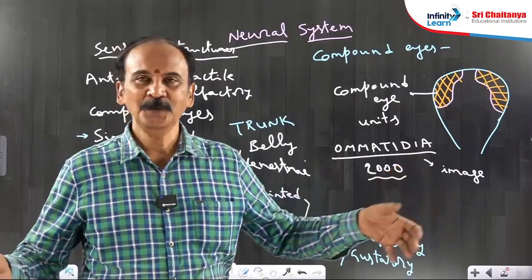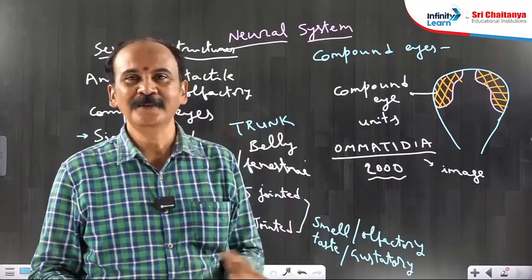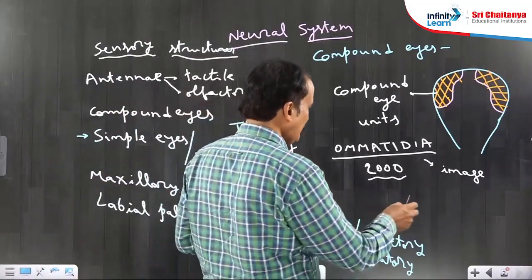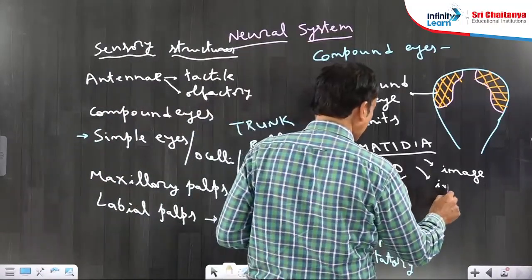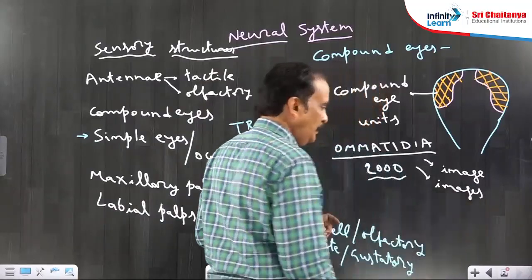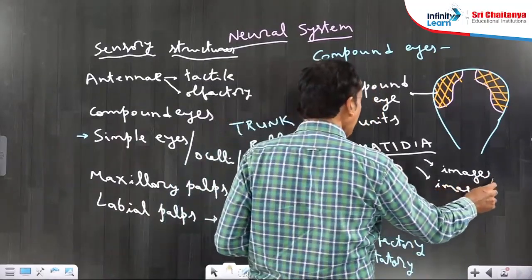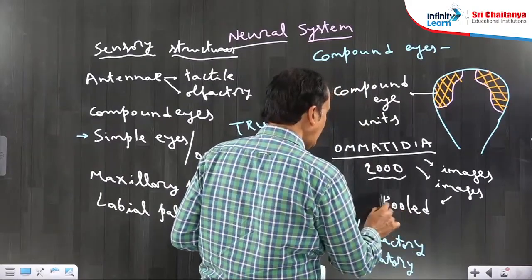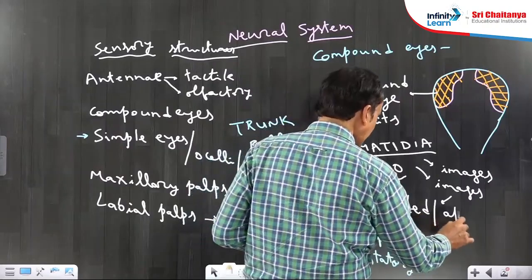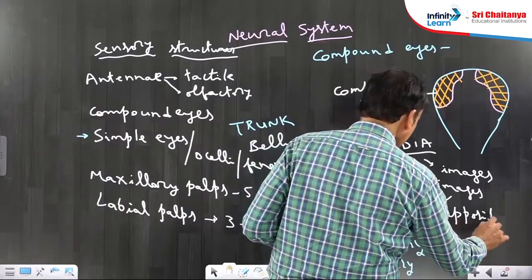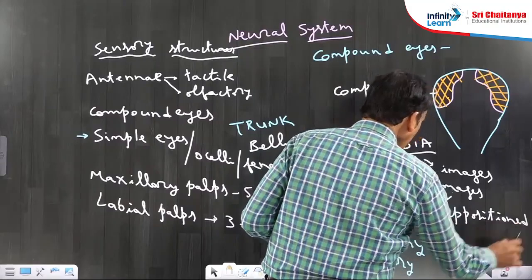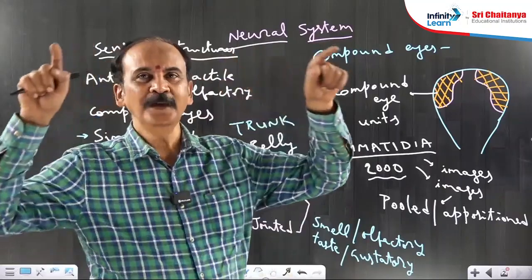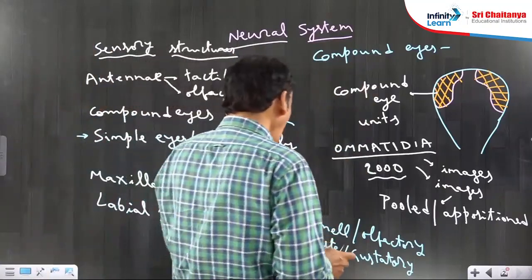So the cockroach will form a number of images, 2000 from the right side, 2000 from the left side. All these images are carried to the brain, where they are pooled, or placed side by side, to get a complete picture, which is called a mosaic.